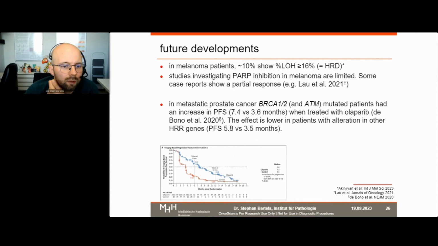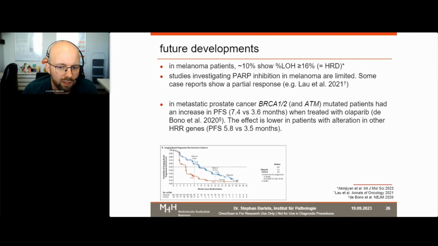Melanoma patients have approximately 10% showing HRD, but we have only limited studies so far. Some case reports show a partial response. We have to see.